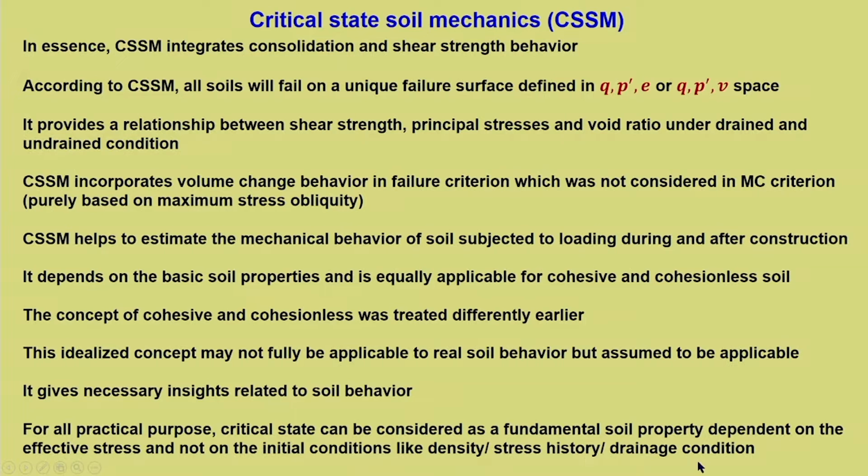So this is one of the most powerful aspects of critical state soil mechanics. Earlier, when we discussed the Mohr-Coulomb failure envelope, we discussed friction angle and cohesion, but we could not associate them with a fundamental soil property, because depending on the conditions these may change.